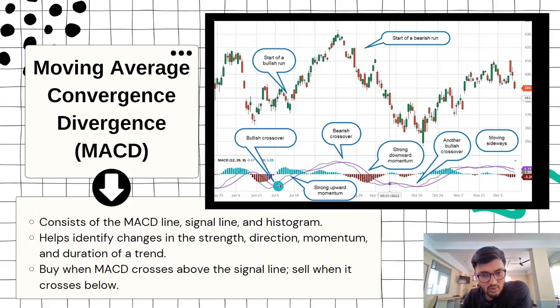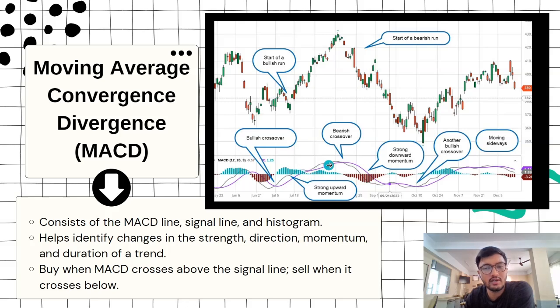Just looking at the MACD indicator, you can see where the market is going to head. You can see these two lines crossing over. The gray line crosses above the violet line, and you can see from here there is a bullish sign. The small histogram is greater than zero. This is the zero line. So if it crosses above this and the histograms are greater than zero, there's an uptrend.